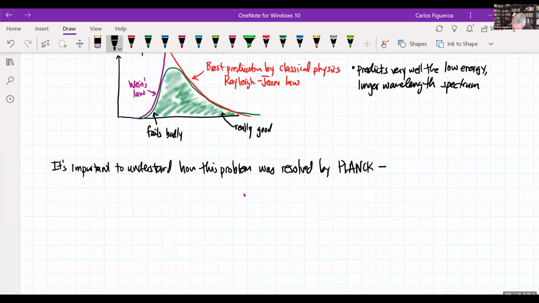And when you do this, this is the first major problem with classical physics. In essence, this is the birth of quantum mechanics right here.